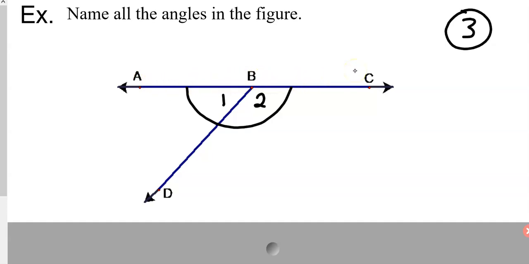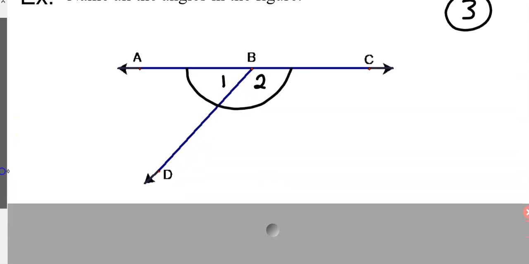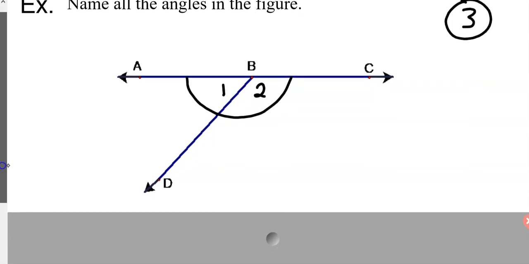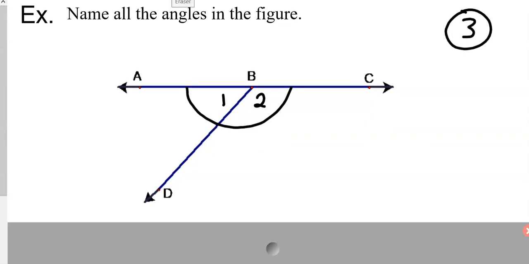We're going to talk more about different types of angles as we move along. I put these numbers here. Technically, I'm okay with putting numbers in there and using that to mark those angles, but let's step backwards just a little bit. Let's start with this one that I marked angle 1.